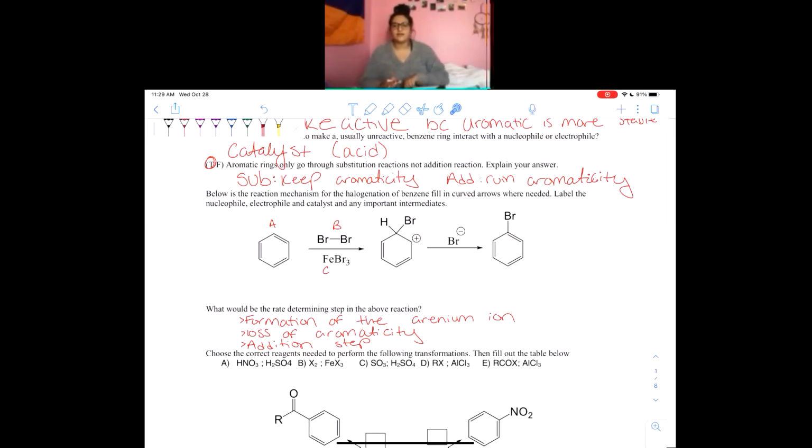So just know that electrophilic aromatic substitutions are also called addition-elimination reactions. I've never seen Dr. West test like that, but it has come up when I've talked to him before. And this would be the addition step because you're adding the bromine. And then this second step would be the elimination step because you're getting rid of the hydrogen.